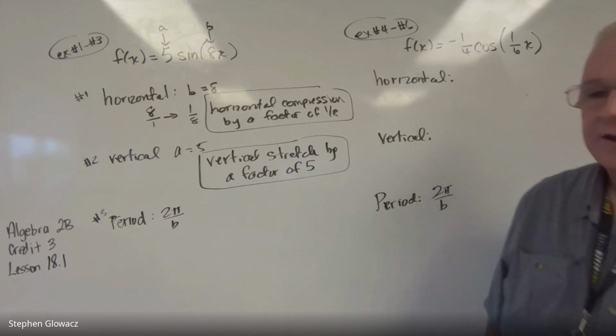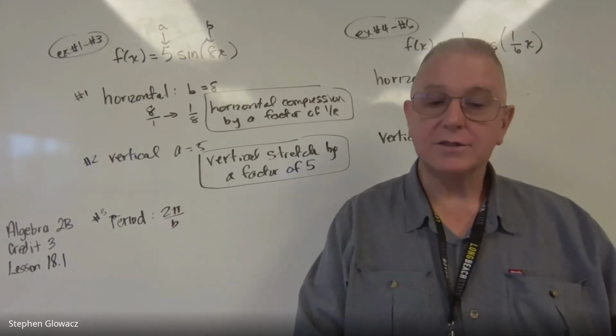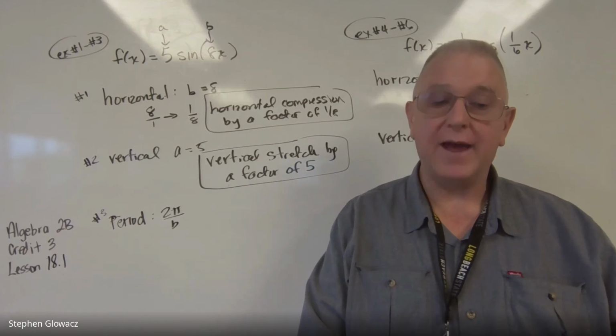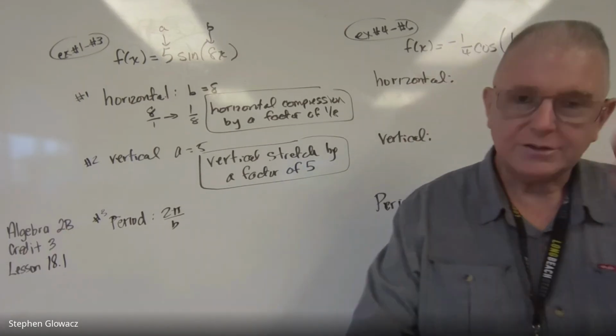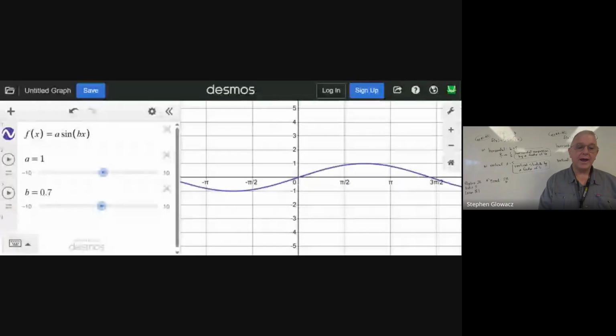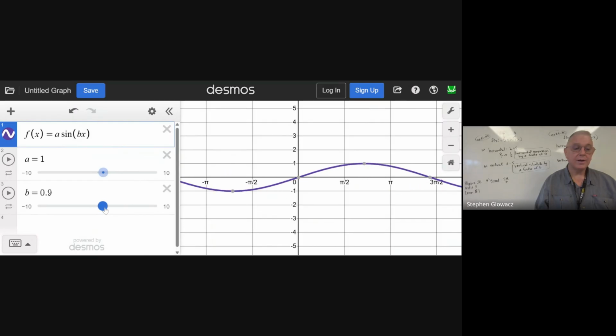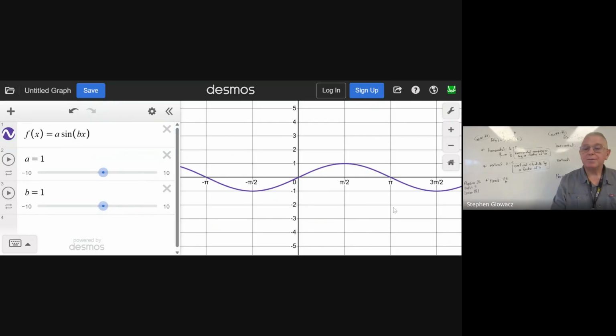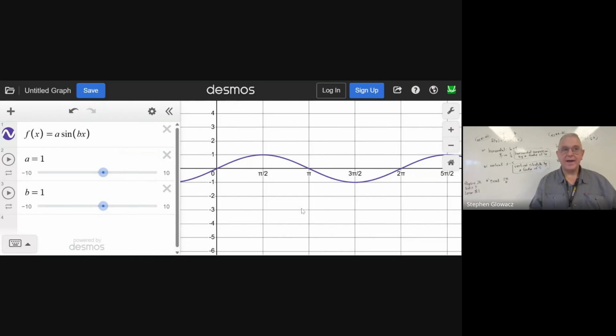Now the period. Let's go back to Desmos and talk about what the period of a function is. Let's reset these to 1. So the period is the distance along the x-axis that the graph completes one cycle.